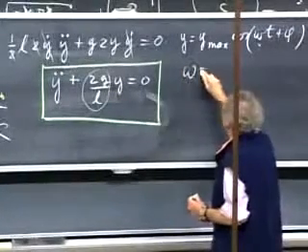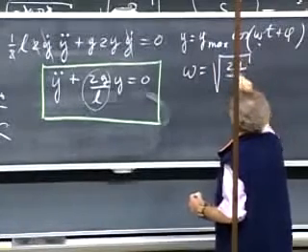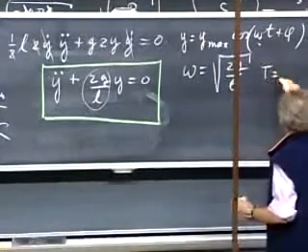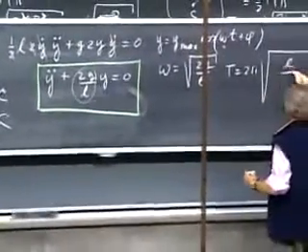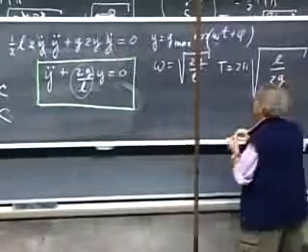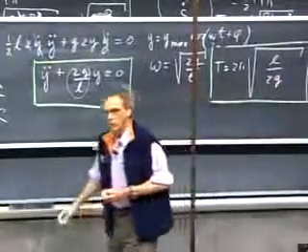Omega, angular frequency, equals the square root of 2g over L, and so the period will be 2 pi times the square root of L over 2g. So this is the period for an oscillating liquid.